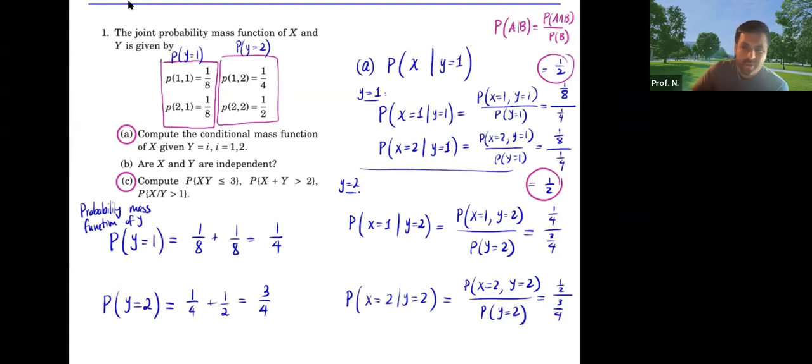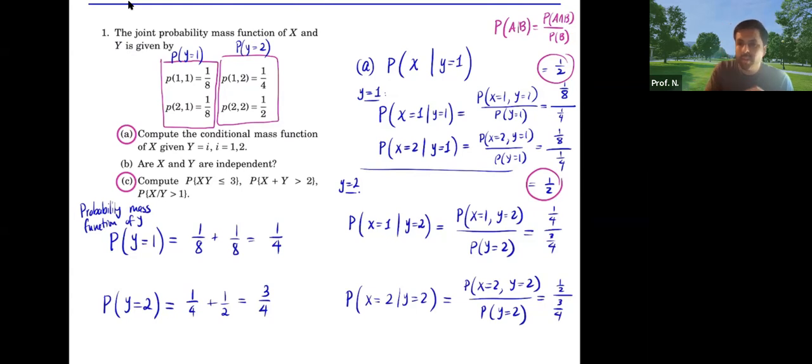We're dealing with discrete versus continuous. So the word probability mass function is equivalent to the probability density function. And why is it that the word changes, but we're dealing with the same idea? That's just semantics at that point.